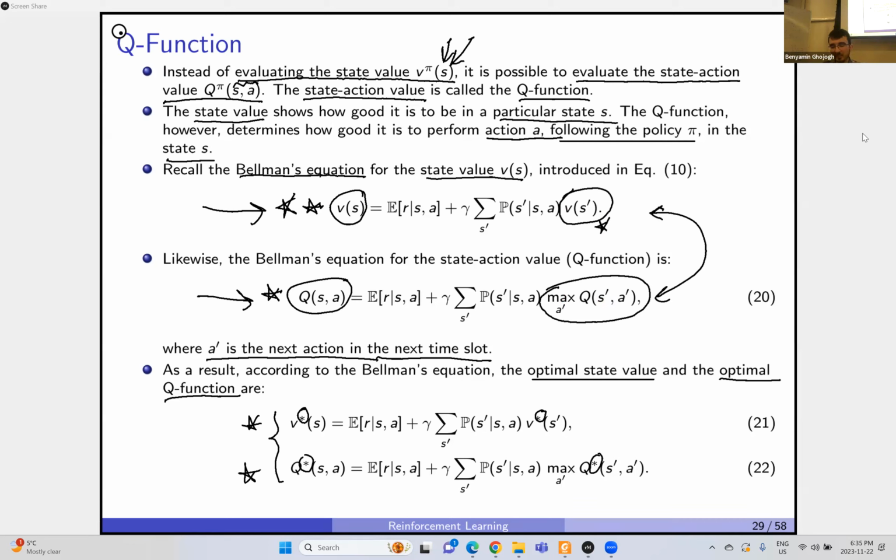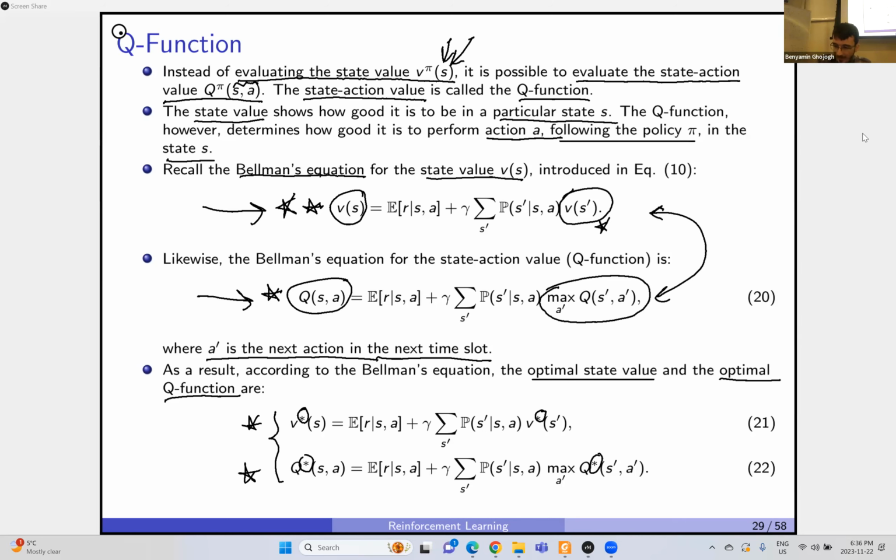So let me rephrase what you said. Thank you. Here we have value of S prime, which is the maximum reward at S prime, because value is maximum reward. Here, Q S prime, A prime, for every A prime, it has some reward. One of them is the maximum reward. So I need to have maximum of Q with respect to A prime, right?